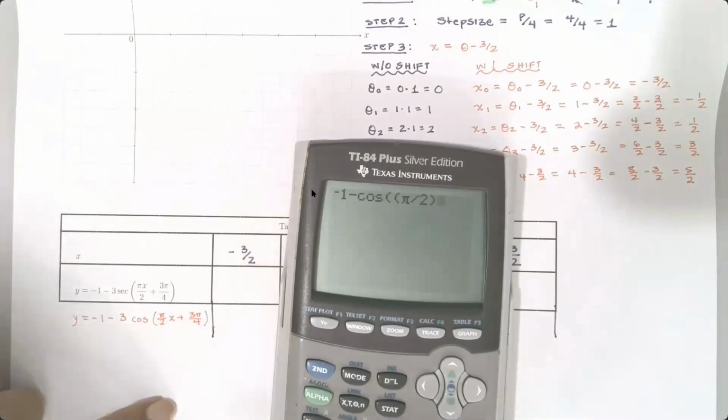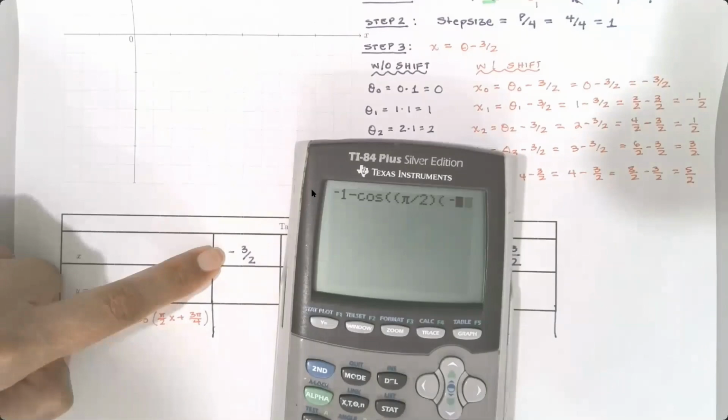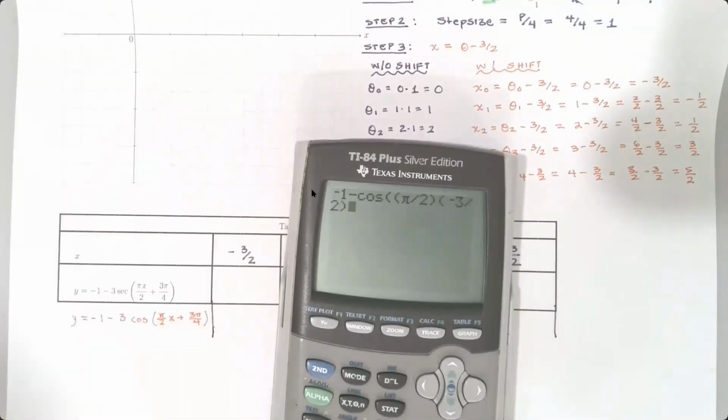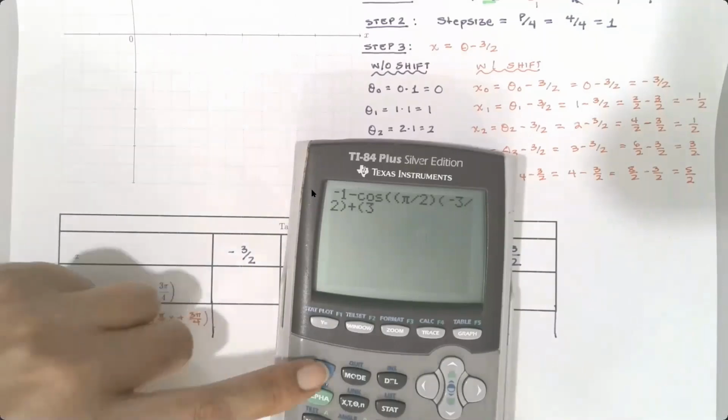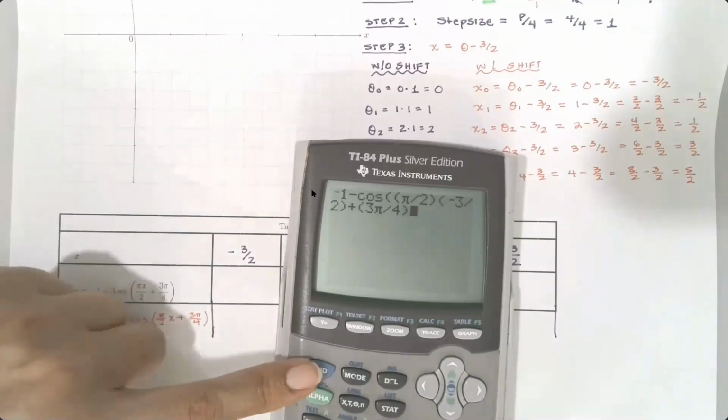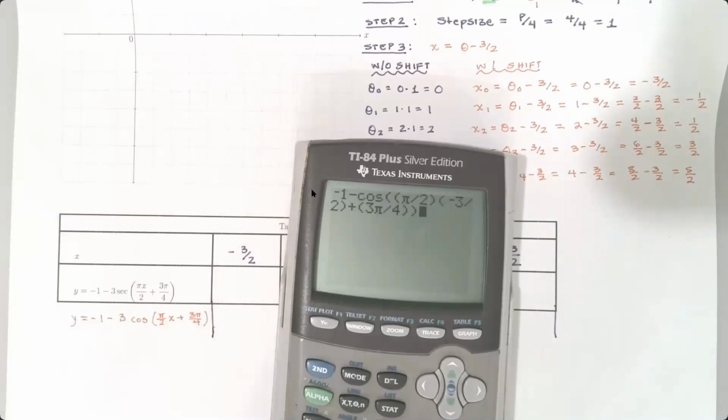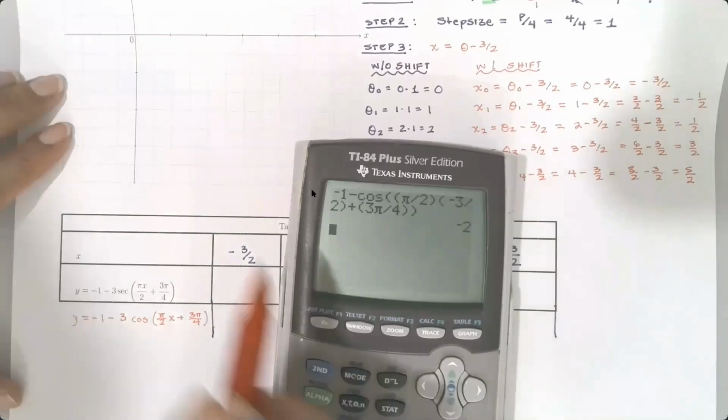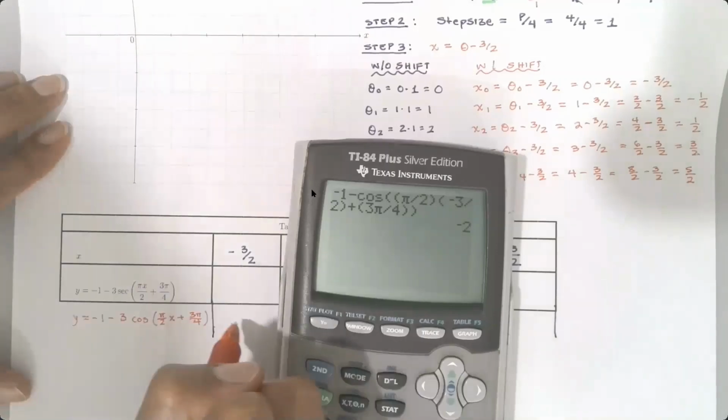Then we're multiplying it times the first x, which is negative 3 over 2, and again I'll enclose that in parentheses. And then we have plus 3 pi over 4, using parentheses again to make sure that fraction gets computed by itself. According to the calculator, this would be negative 2.